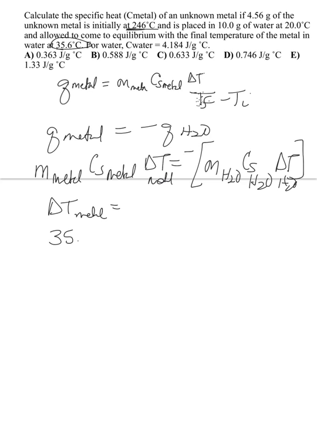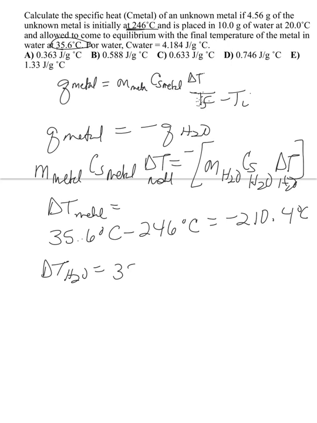So 35.6 degrees Celsius minus 246 degrees Celsius, and that works out to be negative 210.4 degrees Celsius. And then do the delta T for your water, which is 35.6 degrees Celsius minus 20 degrees Celsius, and that works out to be 15.6 degrees Celsius.